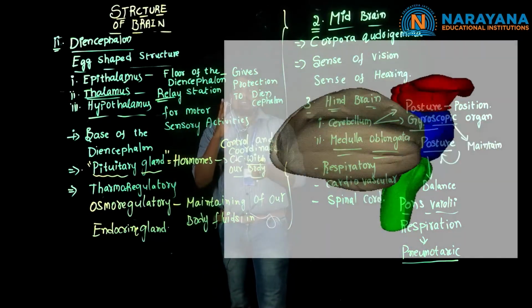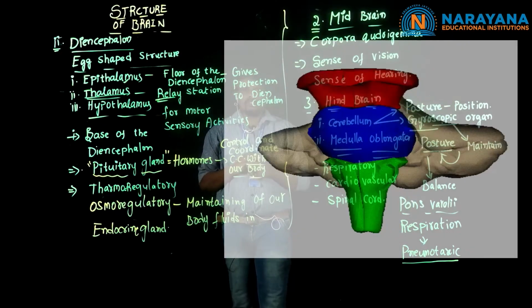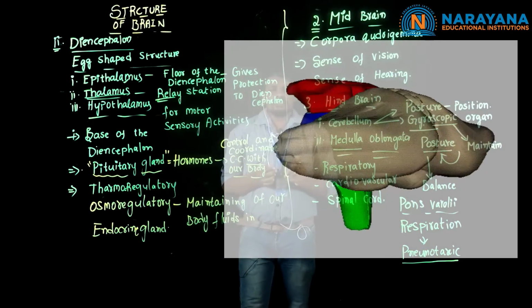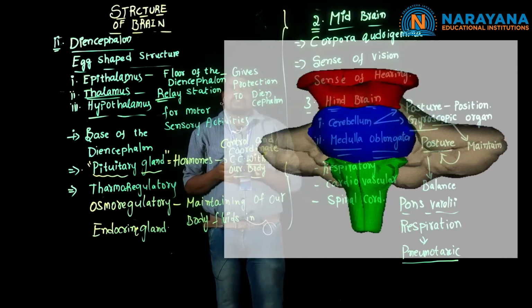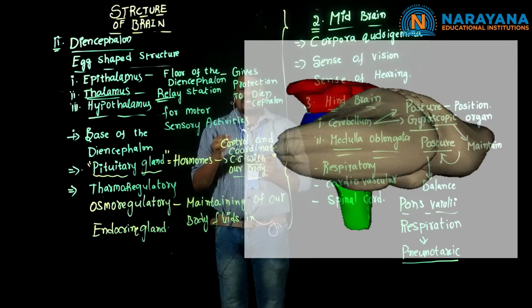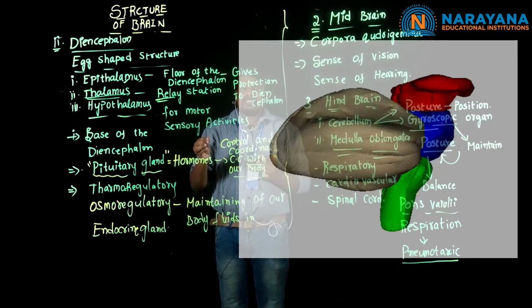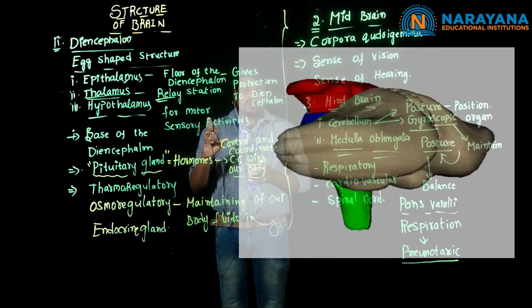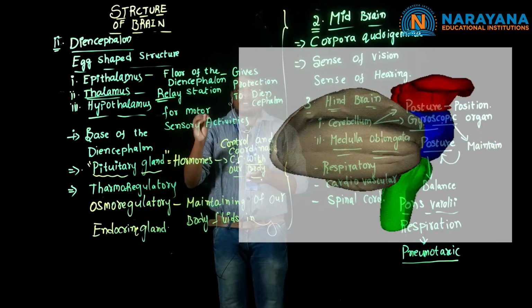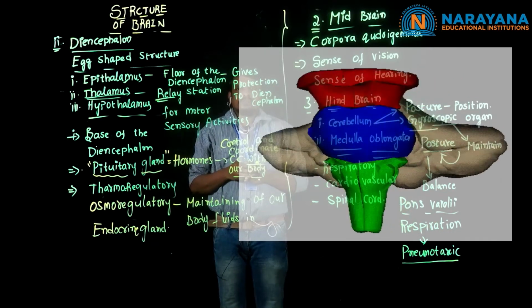Sir, display the same diagram. I want to ask three different questions for today's session. Shall I ask the questions? My first question is: what is the total number of divisions in the diencephalon? No, you just keep the answer with you. I will ask tomorrow.